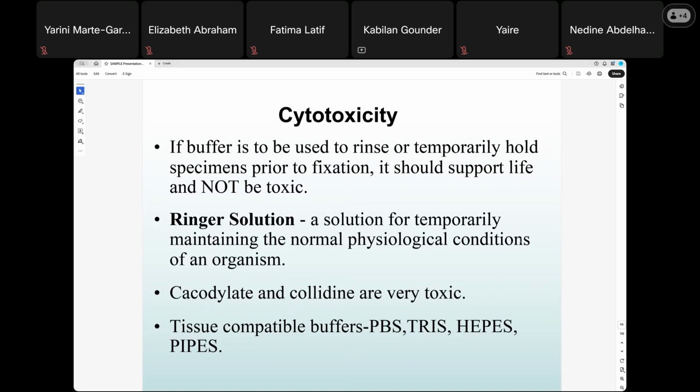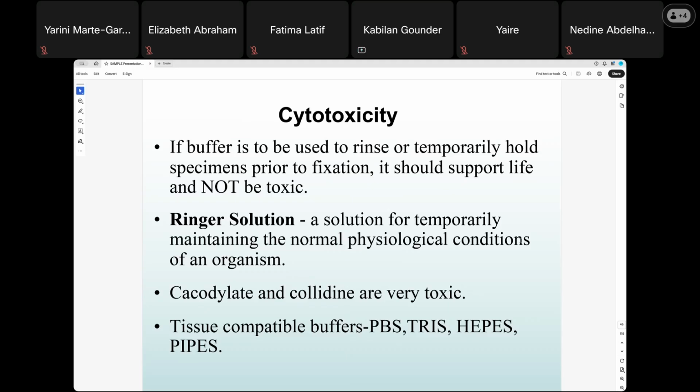If a buffer is to be used to rinse or temporarily hold specimens prior to fixation, it should support life, right? But it should not be toxic. So when you take a biopsy from humans, collect samples from animals, or grow tissue culture in the laboratory, your goal is to hold the specimens temporarily prior to fixation.